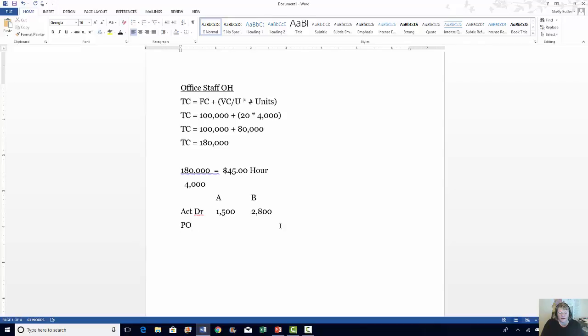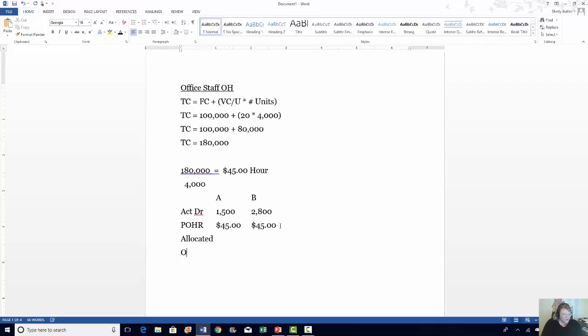This is better than if you hand write it. So our driver is $45, and it is actually $45 for the other one. Then we'll do Department A and Department B separately.